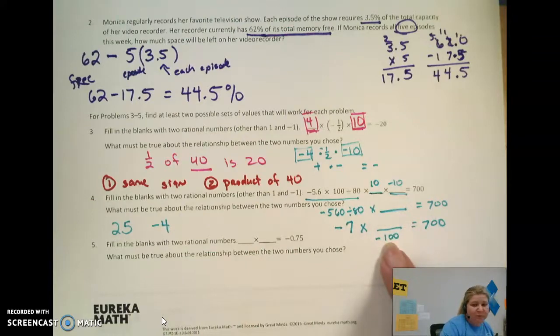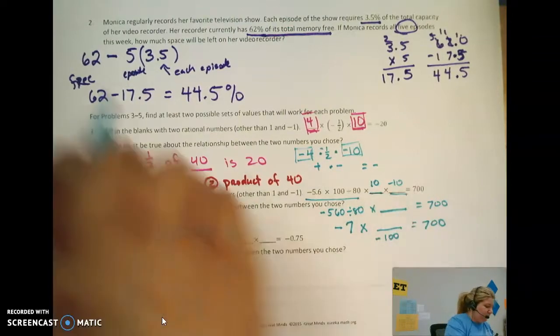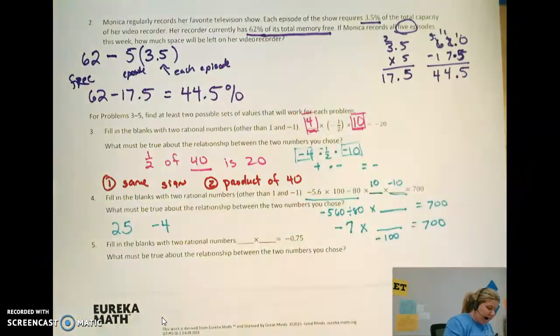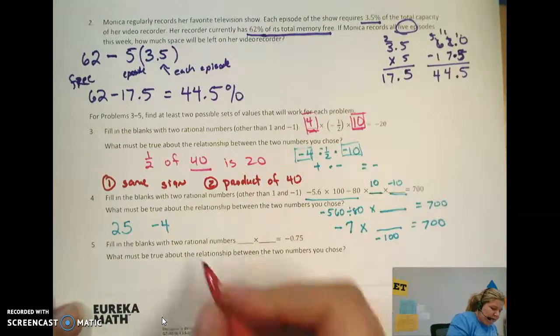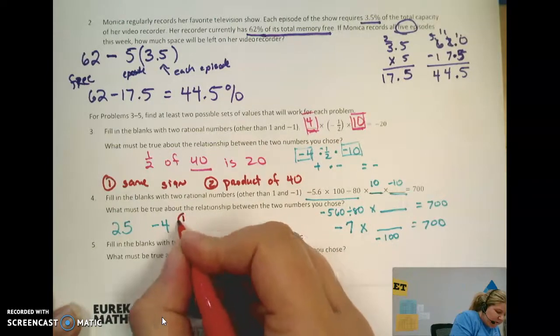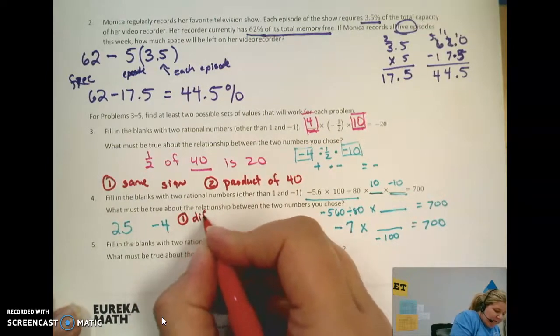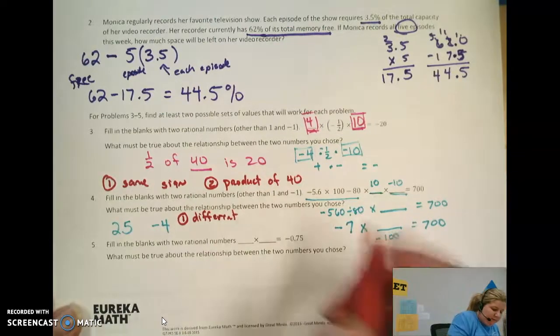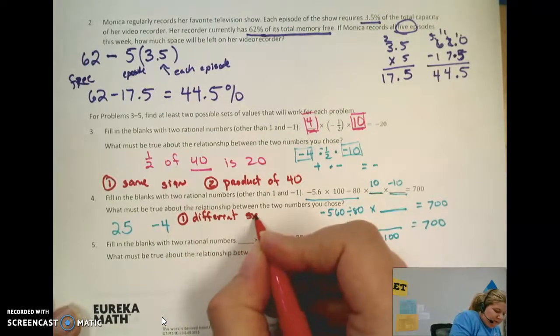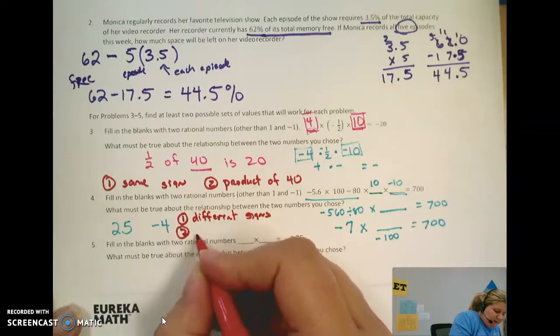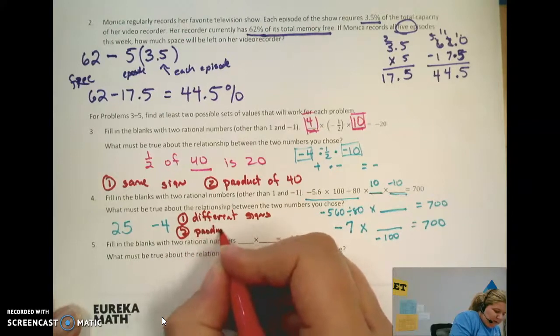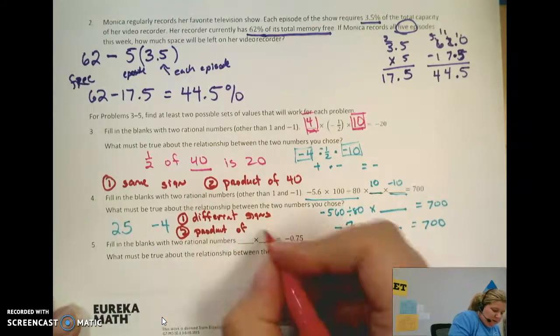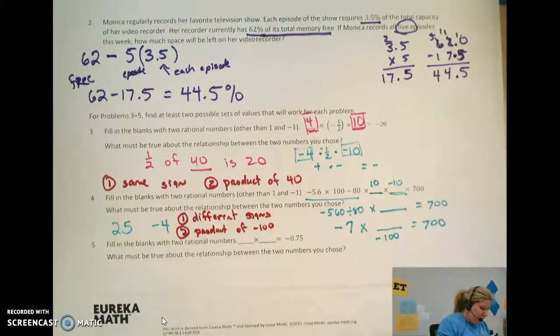And in order to have a product of negative 100, they would have to have different signs. So the 2 things that would have to be true: they would have to have different signs because it's 2 numbers, and I need a negative result. So they need different signs, and they also need a product of negative 100.